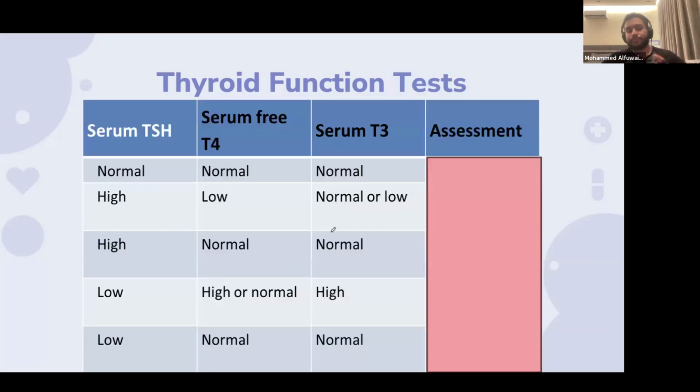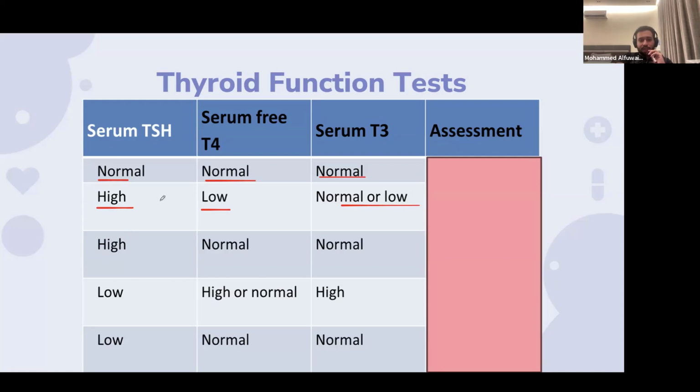Now we go into here. You have serum TSH, serum free T4, serum T3. Here in this first patient, you have normal TSH, normal T4, normal T3. What's your assessment of this patient? Euthyroid or normal. Good. This patient has high TSH, low T4, and let's just say low T3. Primary hypo. Good.